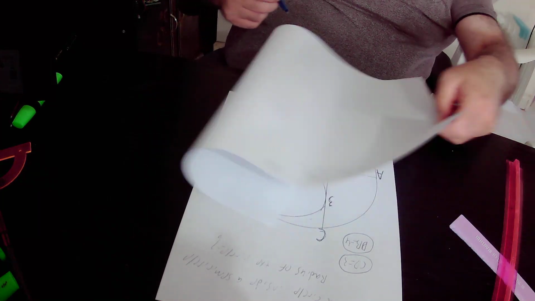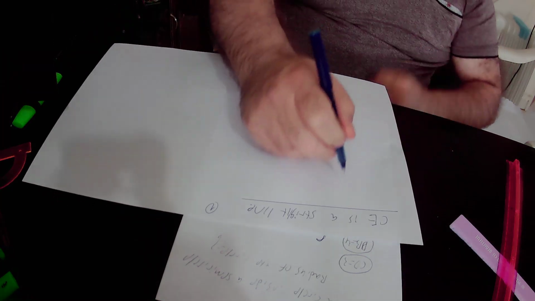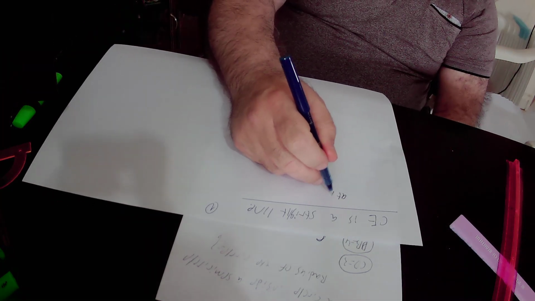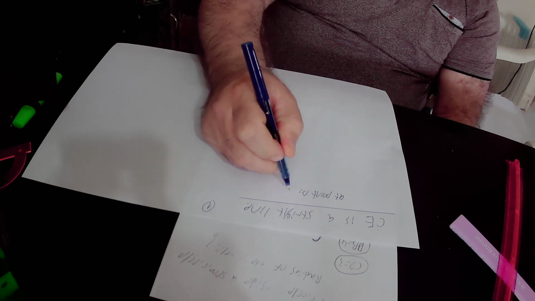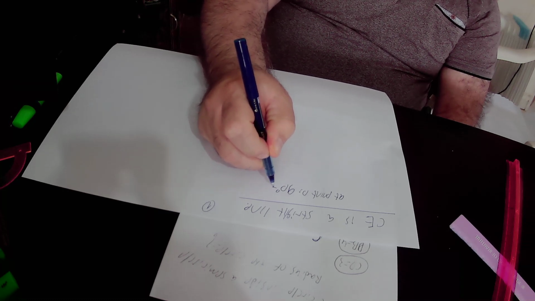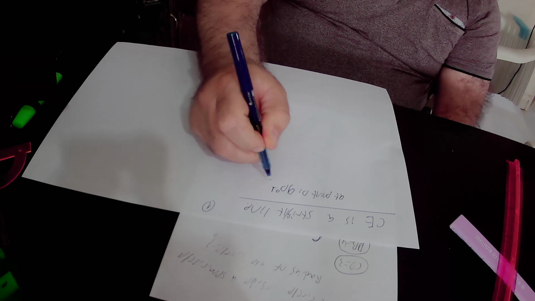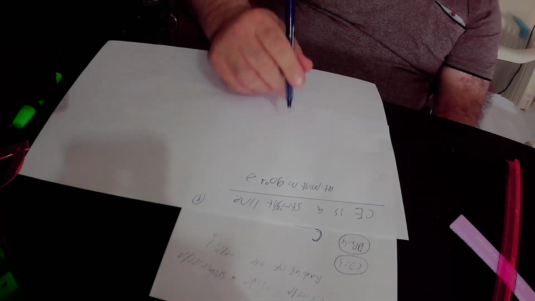So at point D, we have one angle that is a right angle, equal to 90 degrees, and the second angle is angle EDB.